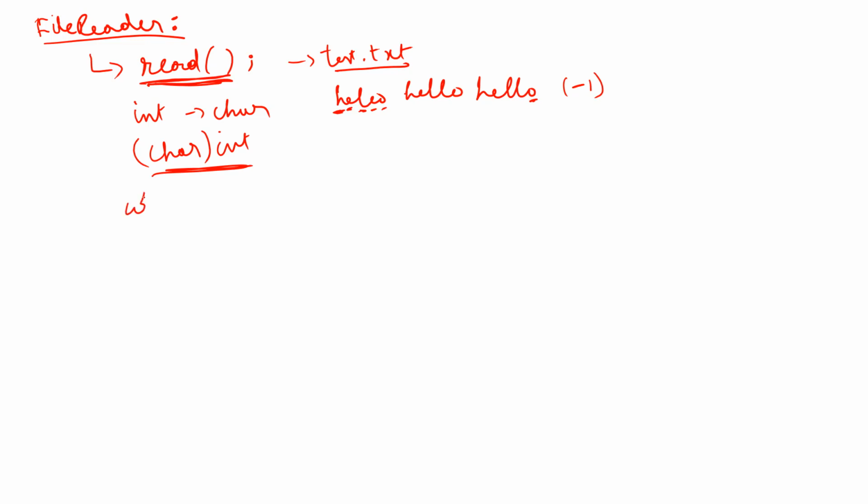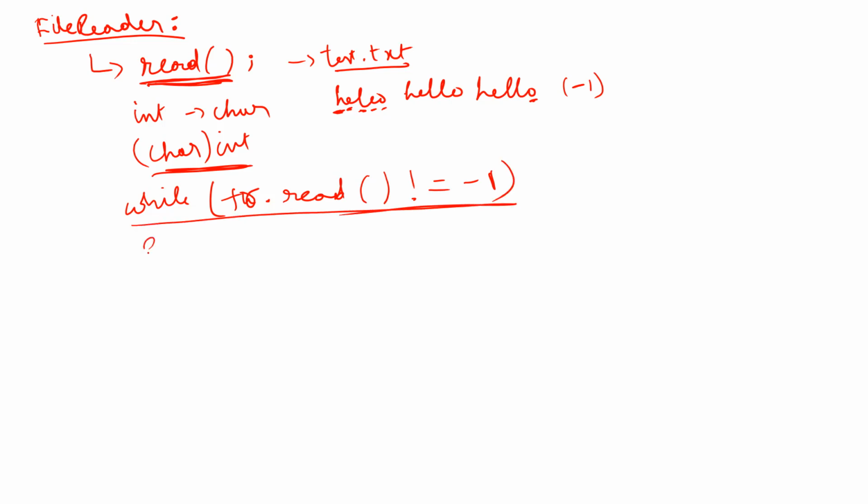So we will create a while loop saying the object that is created for the FileReader, fr dot read, this is the read method, is not equals to -1. We'll check this condition and create a loop like this, and then we will print out the char of this read method, which I will first read into an integer. Okay, so this is what we will do.